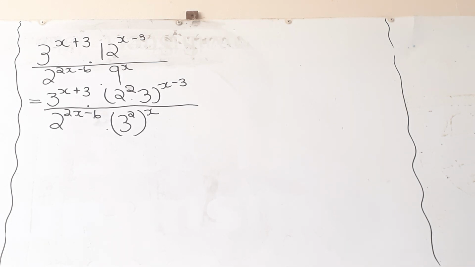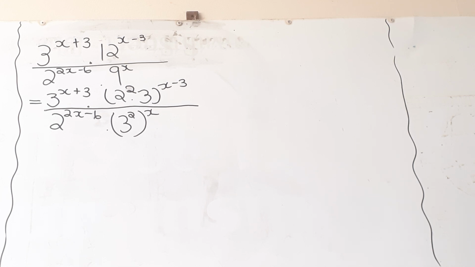Now, the next step is to break down these terms. We firstly break the 2 and the 3 on top, and then multiply the 2 to the power of 2 with that exponent.